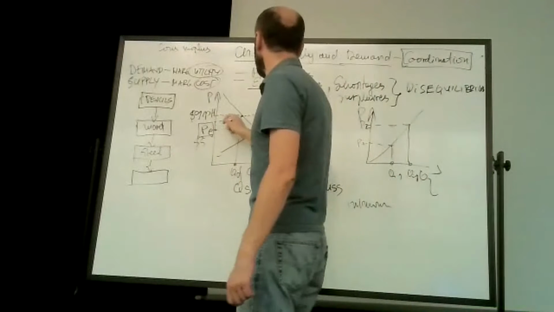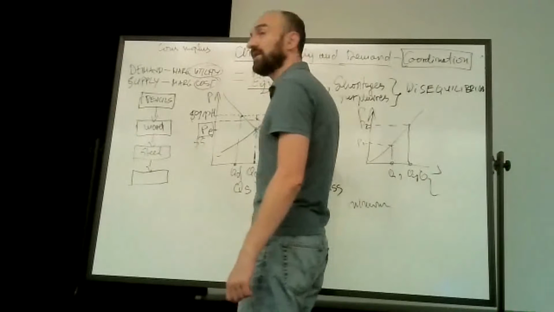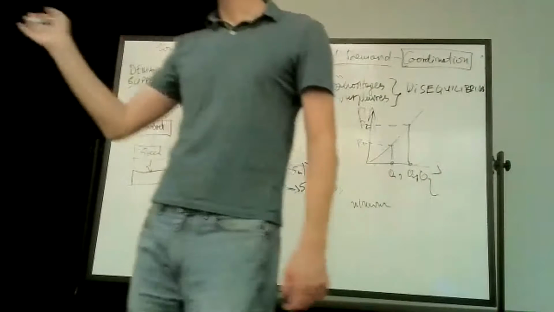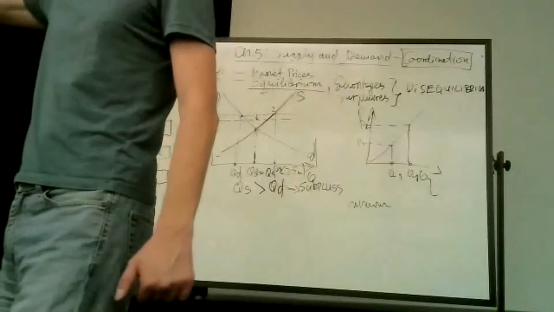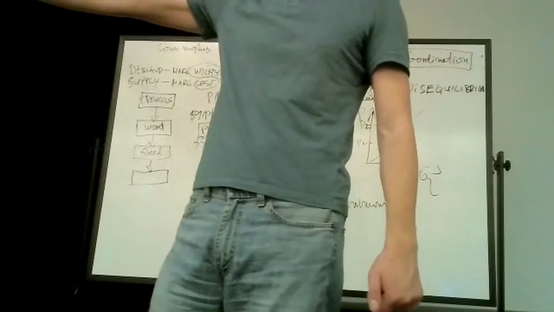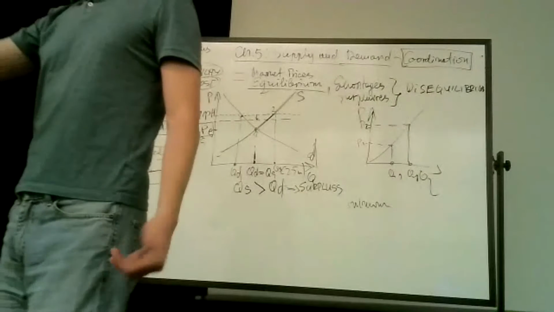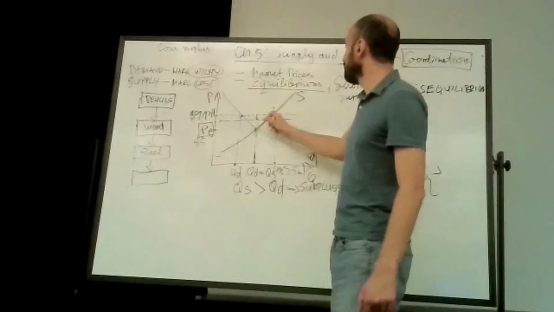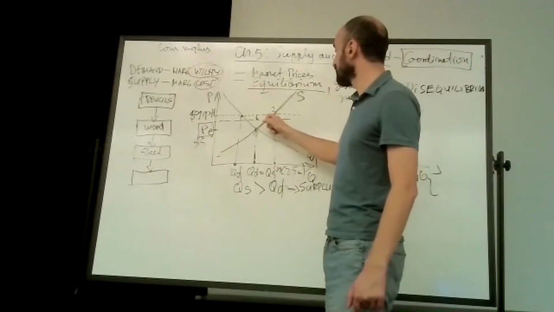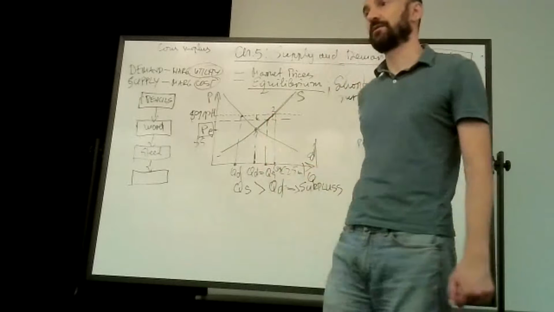Let's say that you go to $8. Now this entire range of the supply curve between 8 and 9 is out of the picture. These highest-cost sellers are out of the market. They cannot afford to sell. If your marginal cost is 8.5 and the market price is 8, you cannot afford to produce. This entire range of the supply curve is removed, so the quantity supplied will start decreasing.